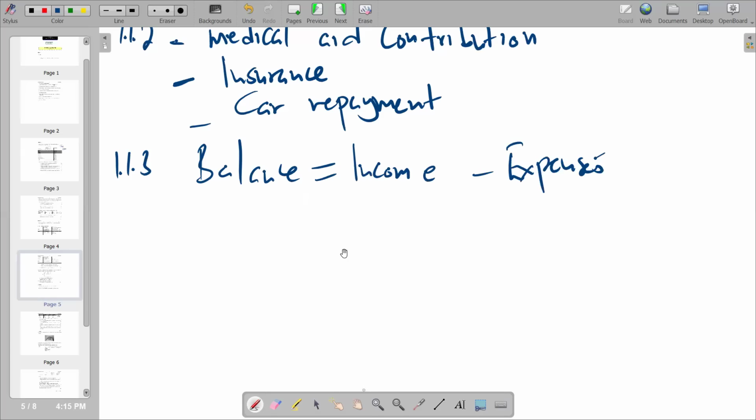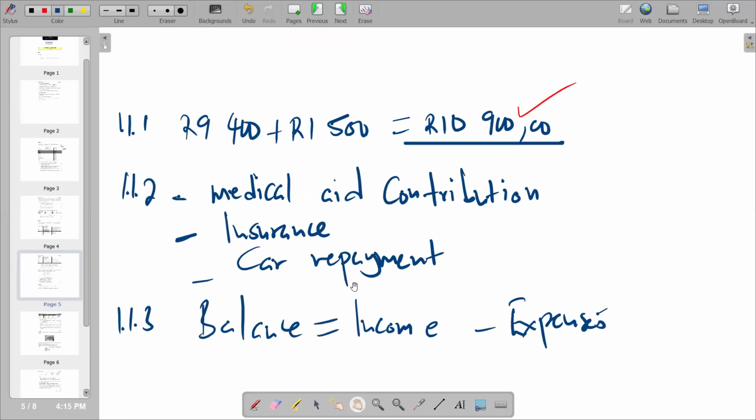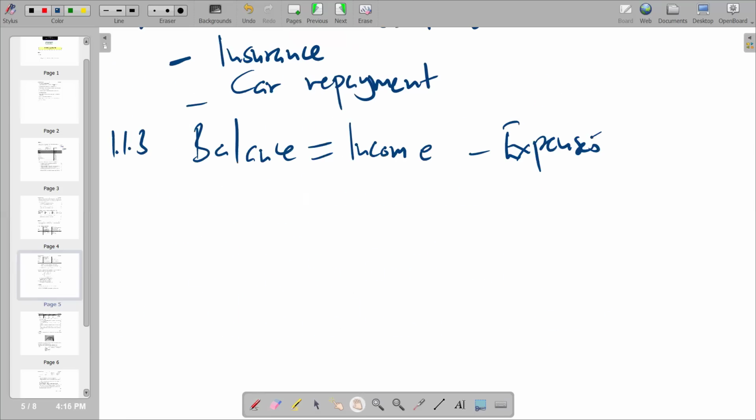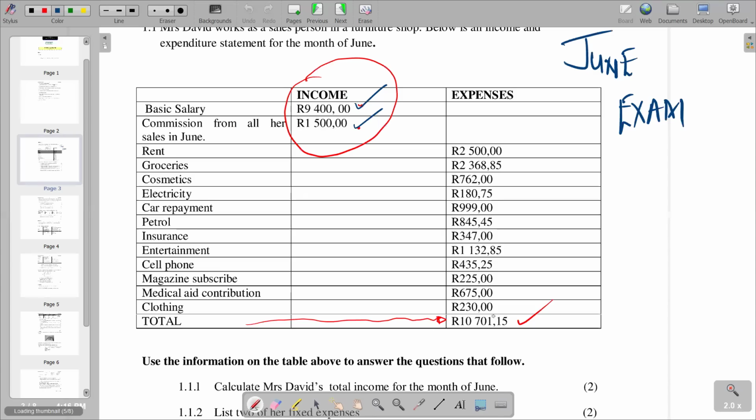Remember, we did calculate our income and we got 10,900 rands. So we are going to say 10,900 rands, subtract our expenses, which are given as 10,701 rands, 15 cents.